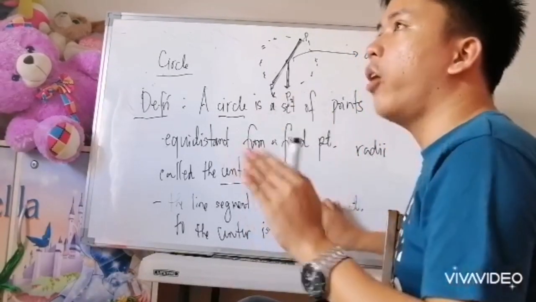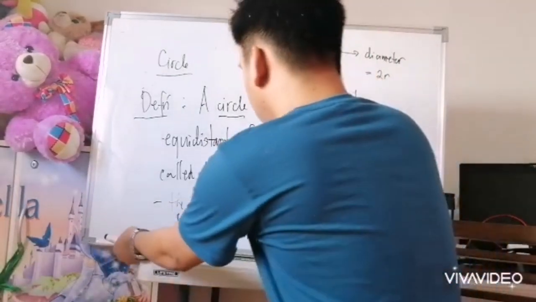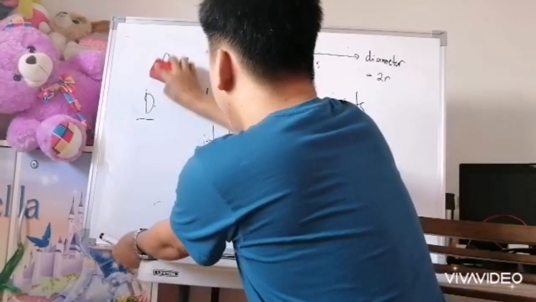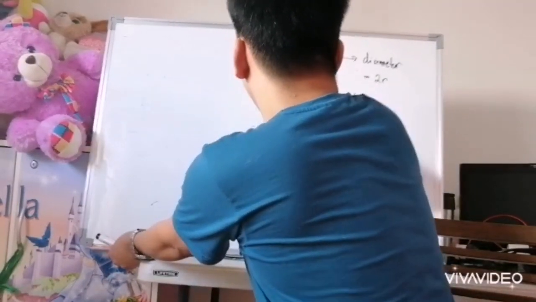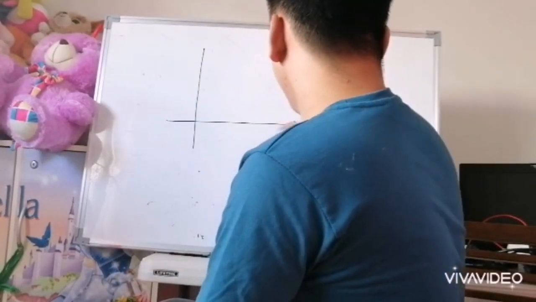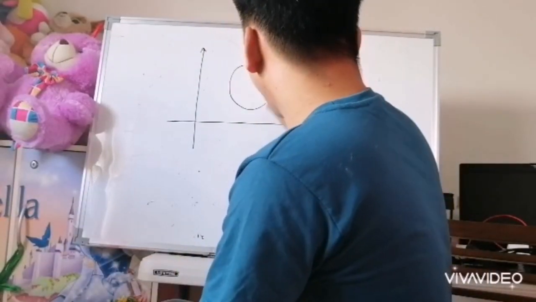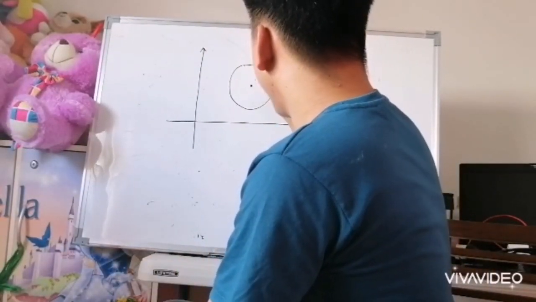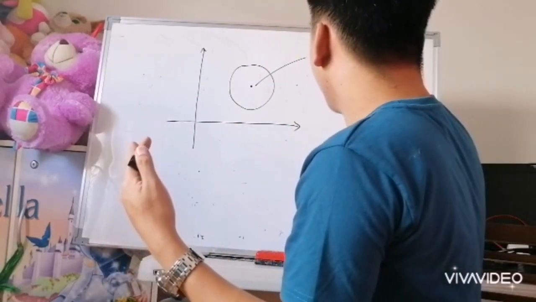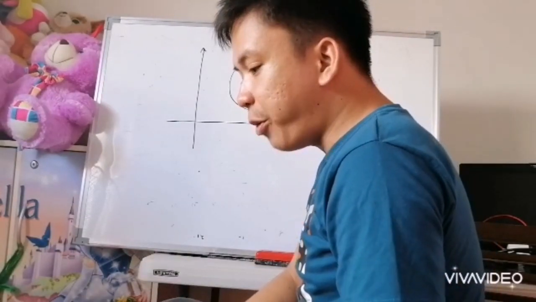Now I'm going to provide you a discussion on how to get an equation of the circle. Let's say we have a plane here, we have a circle here, and we have a center point here. Let's label this point as (h, k).